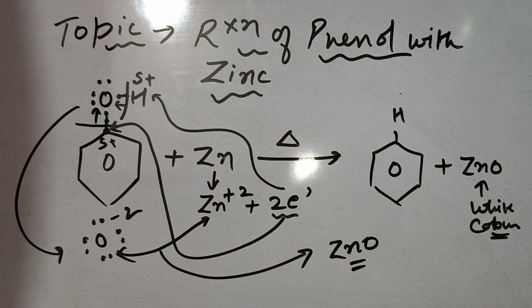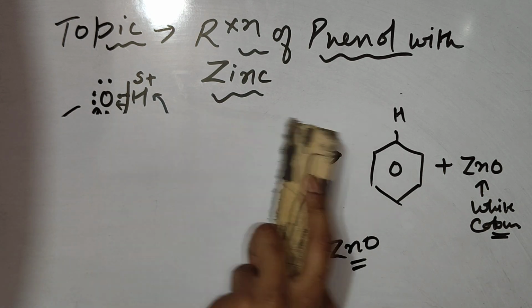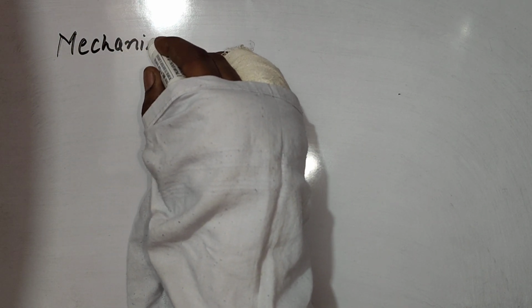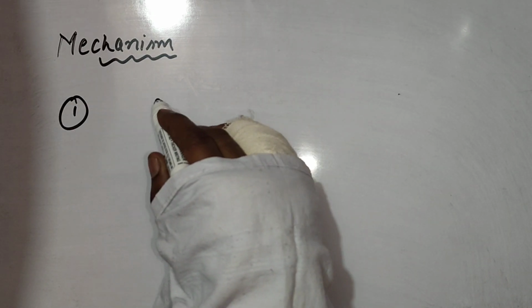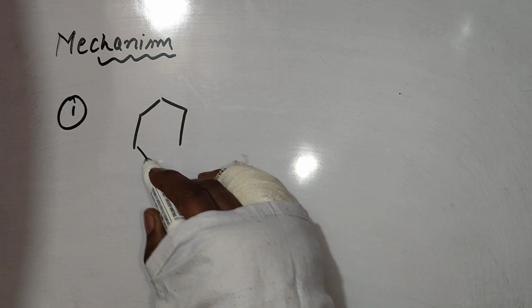Now let's go for the actual mechanism. Up to 12th level, the 12th students can learn this reaction like this, in a very easy way. The mechanism is almost the same, with only a little bit of difference.